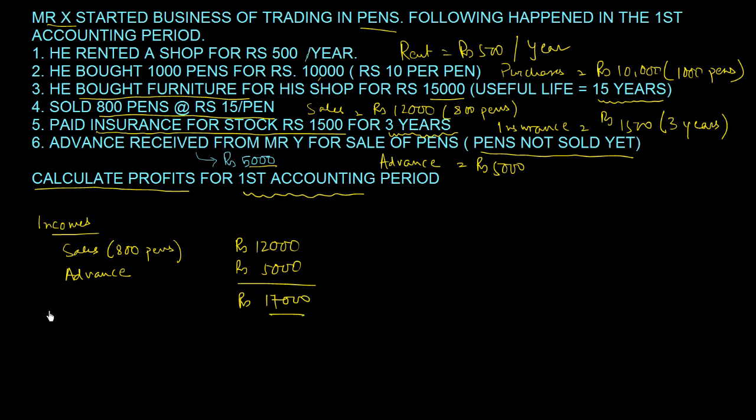And now let us see the expenses. First expense would be rent, that is rupees 500.